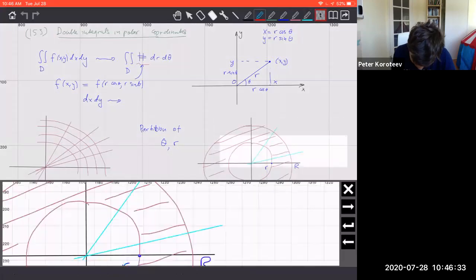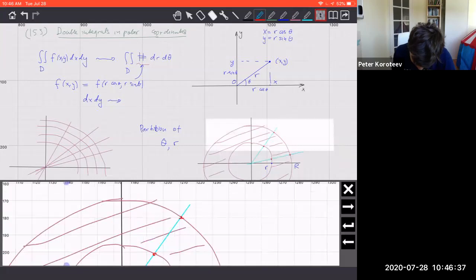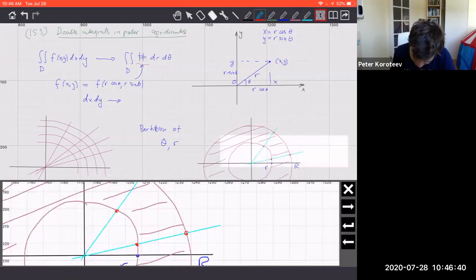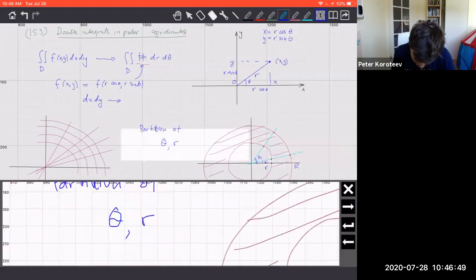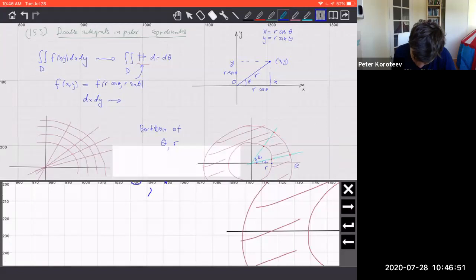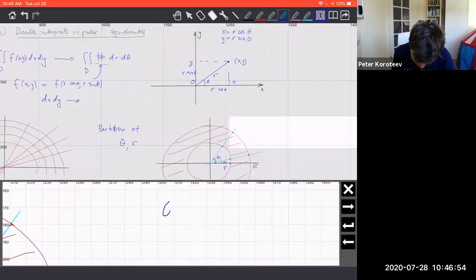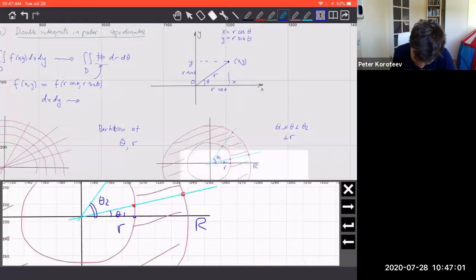So the theta varies between theta 1 and theta 2. So theta is between theta 1 and theta 2, and r is between, well, let me label, otherwise it's going to be dramatic, R1 and R2.